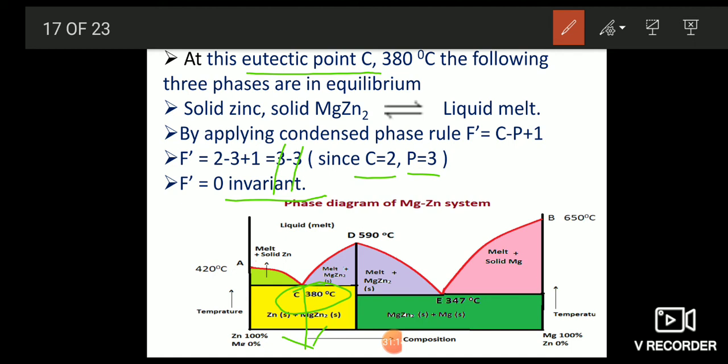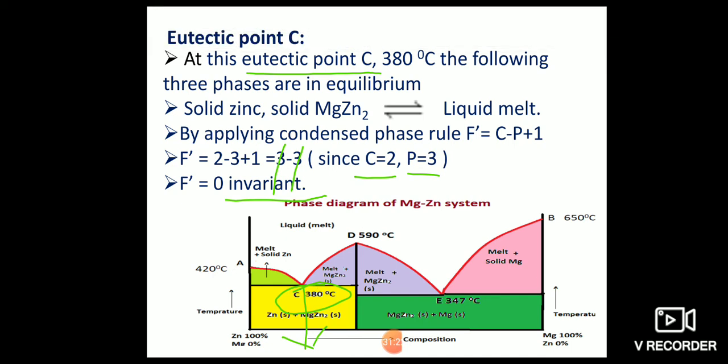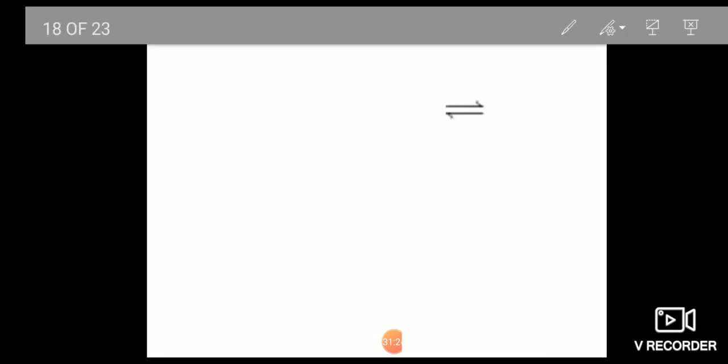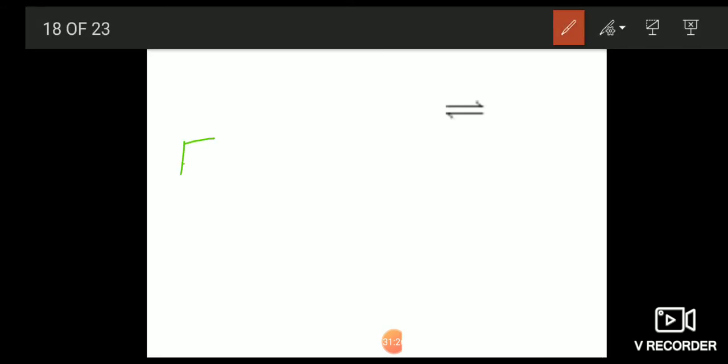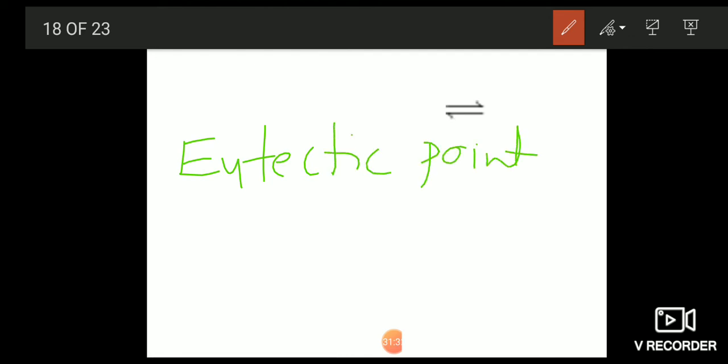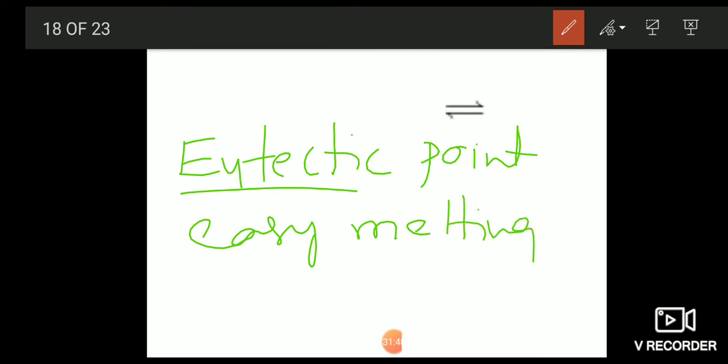As in earlier slides, we discussed the term eutectic. What do we mean by the term eutectic? In previous sessions we have seen what eutectic is. Eutectic means easy melting.